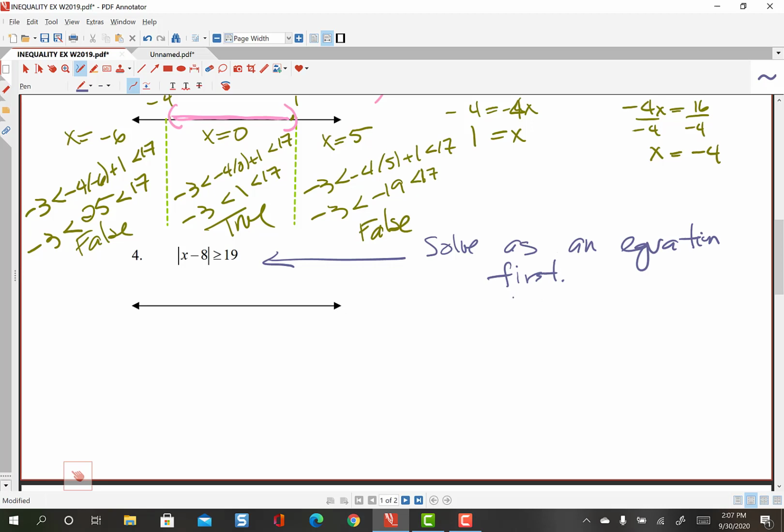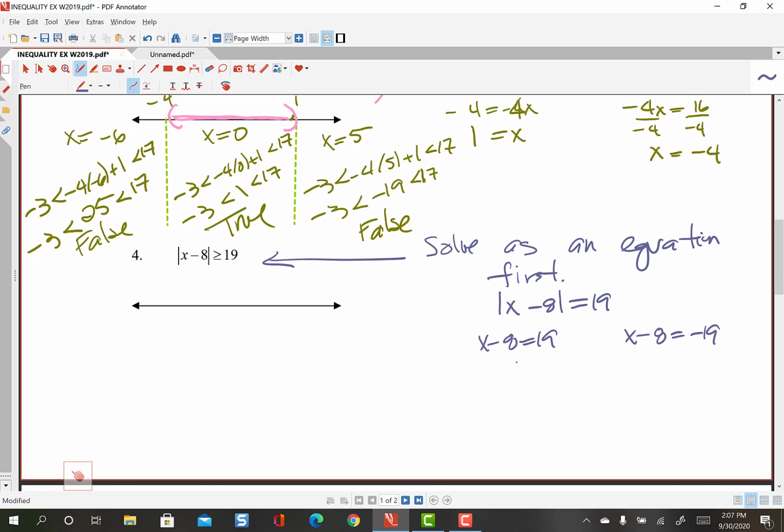So that means x minus 8 in absolute value is equal to 19. Let's remove the absolute value sign. So x minus 8 could be 19, or x minus 8 could be negative 19.